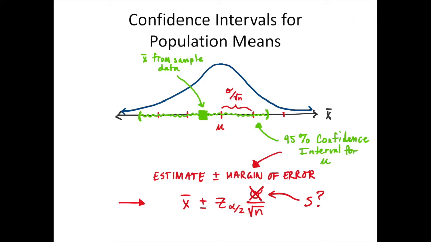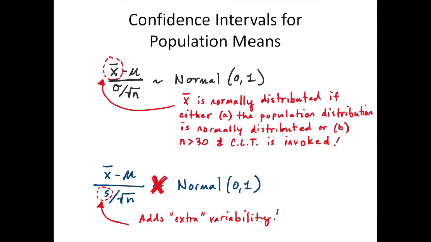However, while this is how it was originally done, just replace sigma by S, it turns out we cannot do that here. There's an issue. And the issue stems from this fact. If we took x bar as a random variable and tried to standardize it, x bar minus mu divided by sigma over radical n, that is a standardization of the sampling distribution for the statistic x bar.